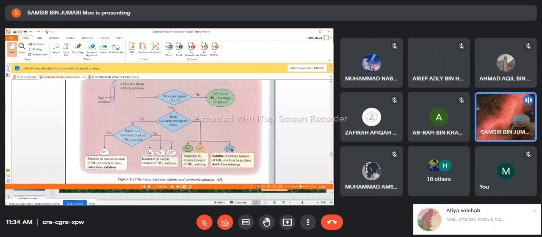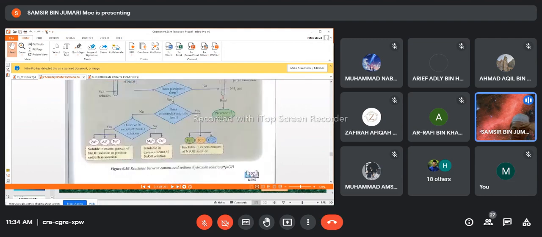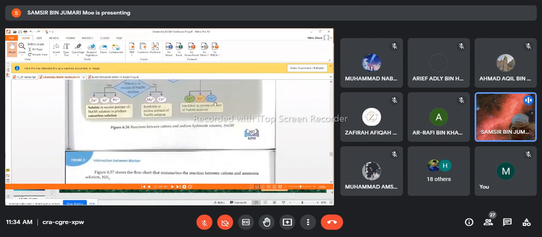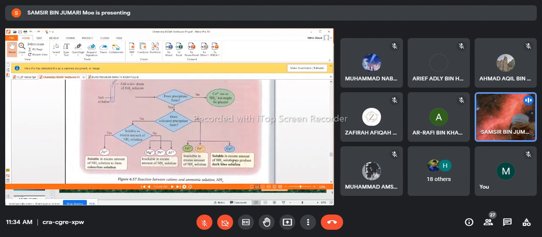Okay. But the difference between the observation for the copper 2 ion using the sodium hydroxide solution and using the ammonia aqueous solution is, in ammonia aqueous solution, the copper 2 ion will be precipitate and soluble to produce dark blue solution.